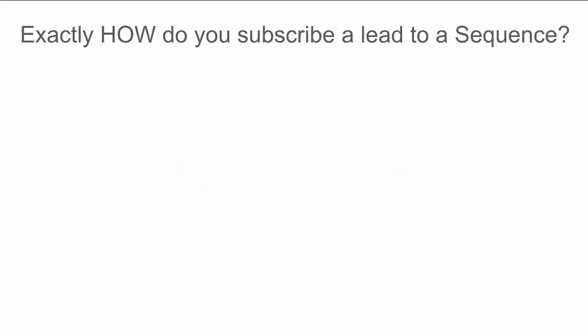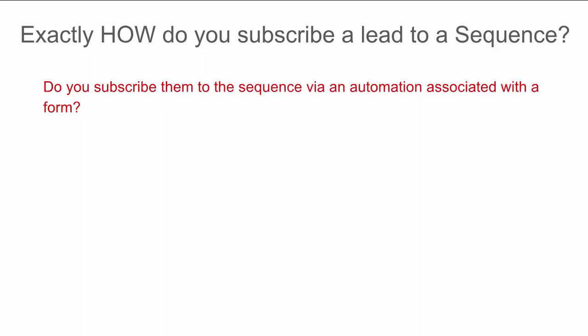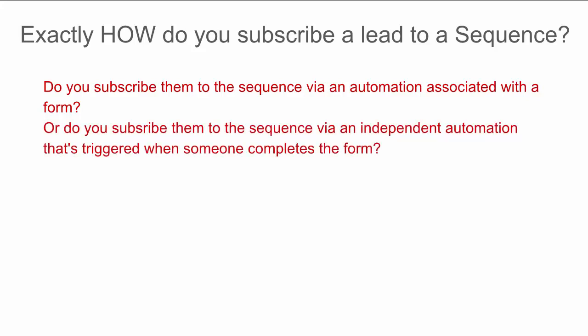Another aspect, how are you going to subscribe people to the follow-up sequence? Again, there are many ways to do this. For example, do you subscribe them to that sequence via an automation which is associated with the form? Or do you subscribe them to a sequence via an independent automation that's triggered when someone completes the form? Or do you insert a trigger within the sequence itself?